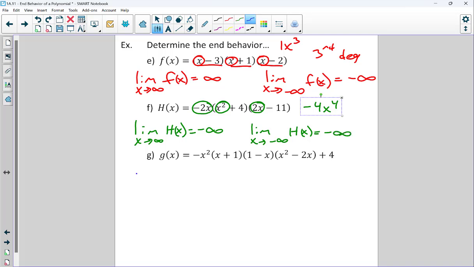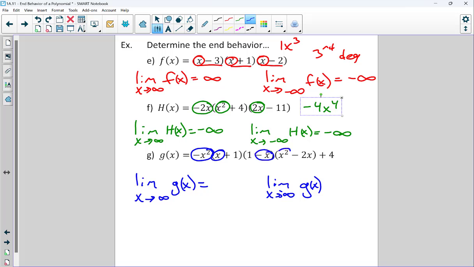And then lastly, the limit as x approaches infinity of g of x. The limit as x approaches negative infinity of g of x. So leading term, if I took this one, this one, this one, and this one, the leading term in each factor gets multiplied together.